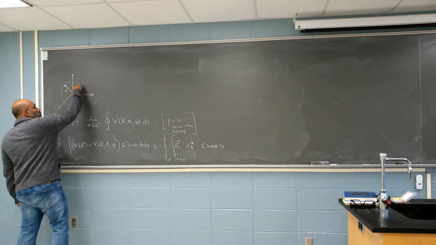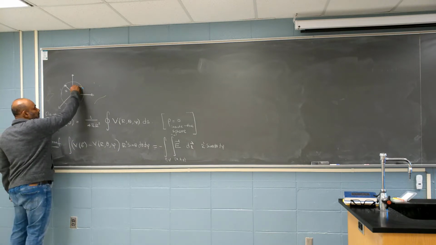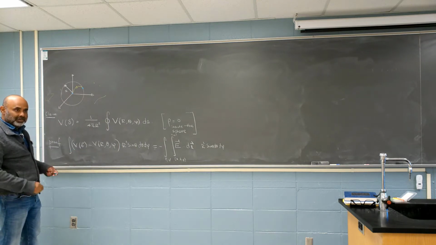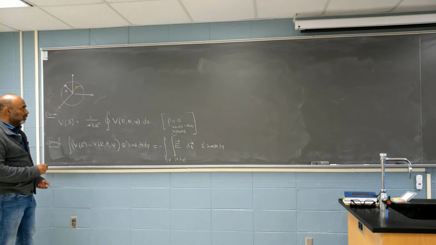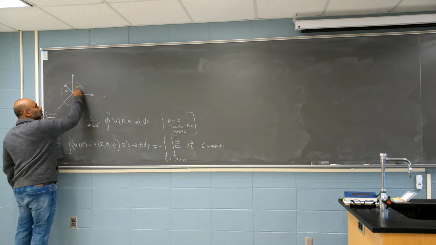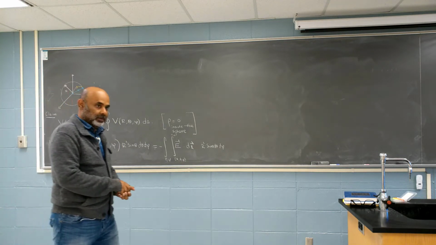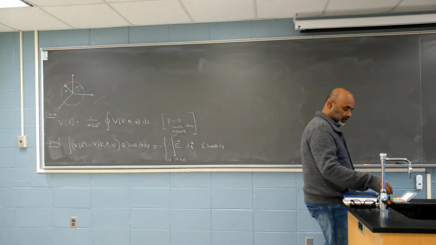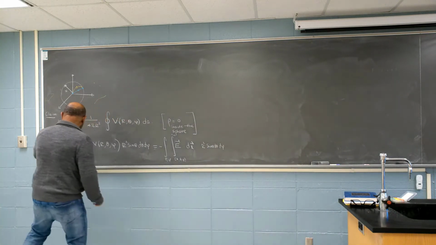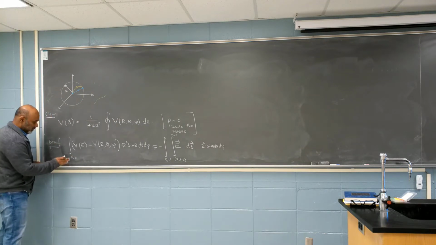I might choose to integrate over this path, from here to here, but that is obviously not the path I want to choose. What path will I choose? Yeah, that's the preferred path. So I should put a double integral here.